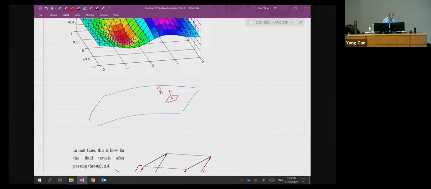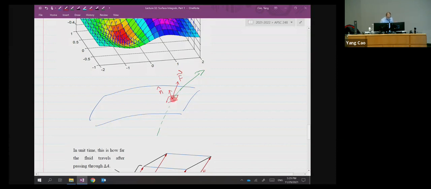At the same time, as we have illustrated, you may have a certain amount of something passing through this surface at that location. And we can use a vector F representing the direction of the something going through it at the location.